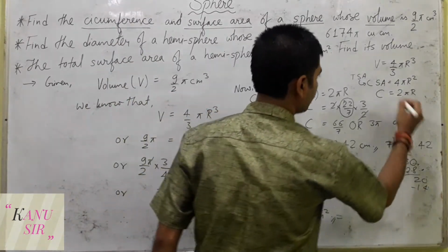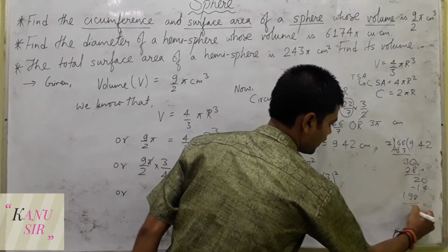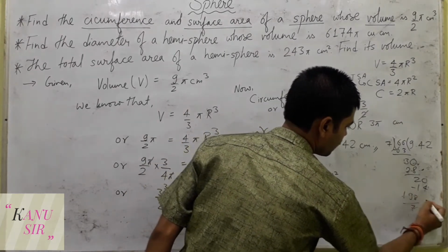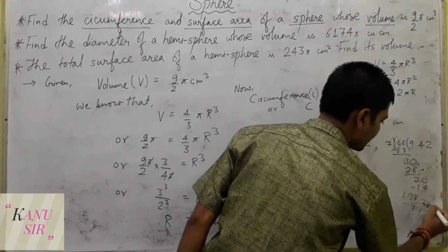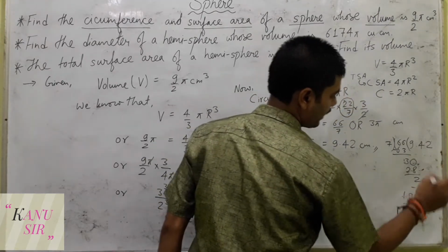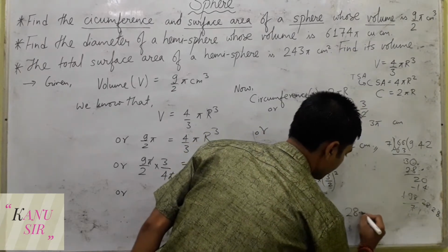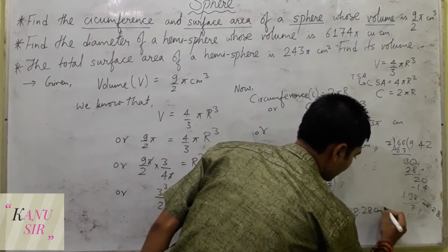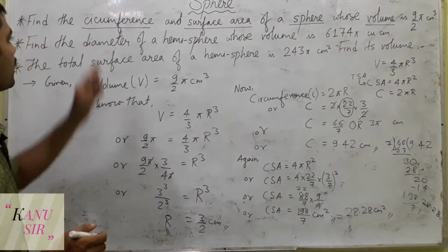Let us divide here: 198 divided by 7. 7 1 is 7, 7 2 is 14, 7 is 56, 22 and 7 2 is 14, 7 is 56, 28. So 28.28 centimeter square. This was question number 1.